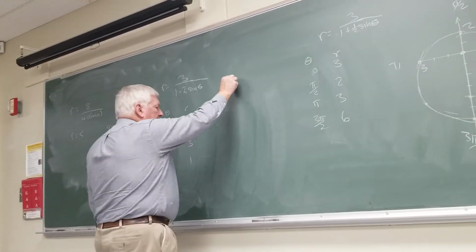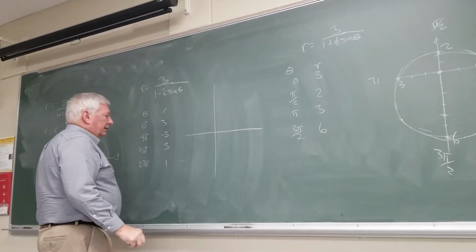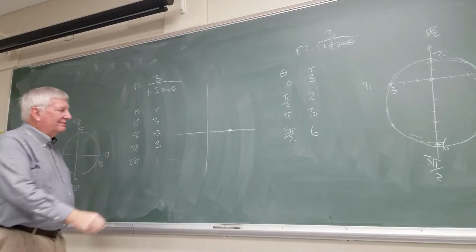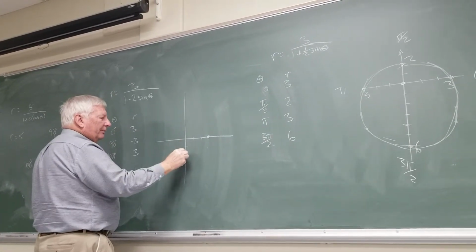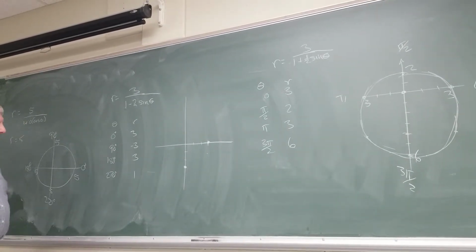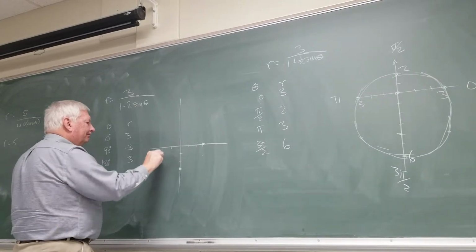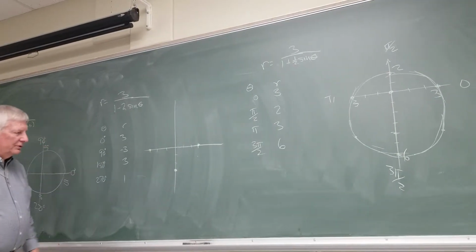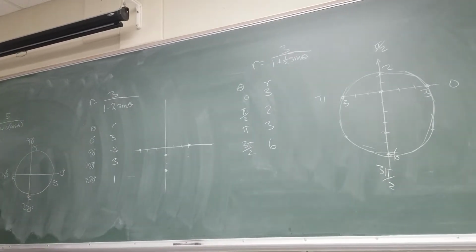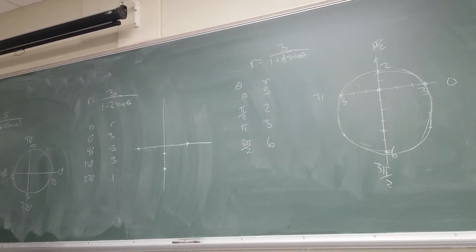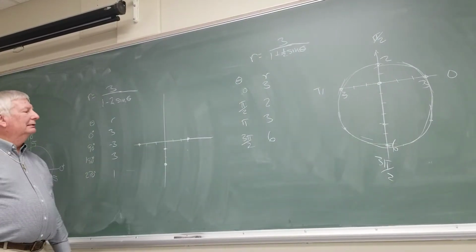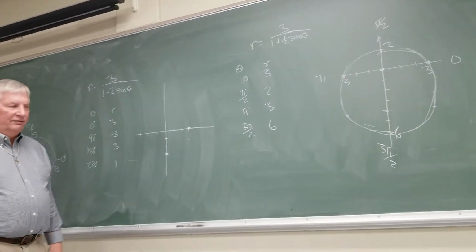So, sketching those, in the direction of 0, we have 3. In the direction of 90, we have negative 3. In the direction of 180, we have 3. In the direction of 270, we have 1. And this is a hyperbola. The way we get a hyperbola out of it is that the 2 points which are on the same side are actually the 2 vertices of your hyperbola.